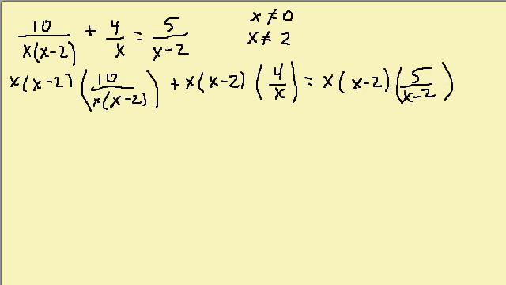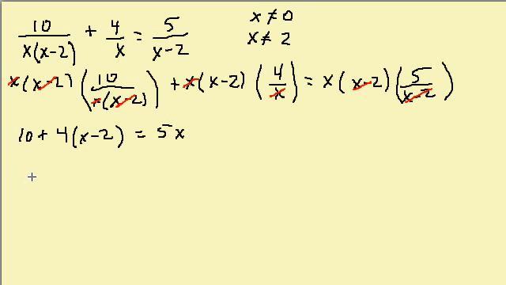Alright, now let's see what cancels. Here the x and the x minus 2 cancel. Here the x cancels, and here the x minus 2 cancels. So I'm left with 10 plus 4 times x minus 2 equals 5x.